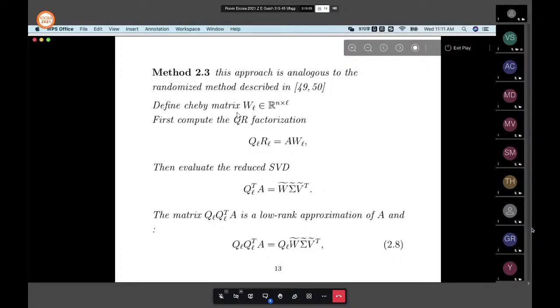We use the Chebyshev matrix just like we defined previously, and we call this method the Chebyshev projection method because we apply the A matrix on this Chebyshev matrix, and then we compute a QR factorization, and instead of the Chebyshev matrix W, we use the Q matrix, and we use QQ transpose as our orthogonal projector, as we can see later. So we compute a small SVD, and then QQ transpose A is our approximation of the A matrix.